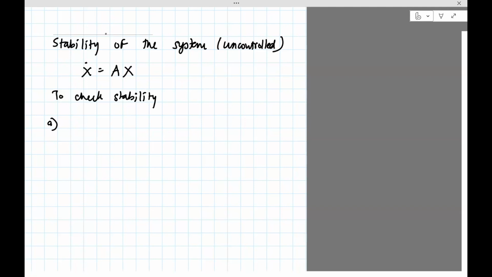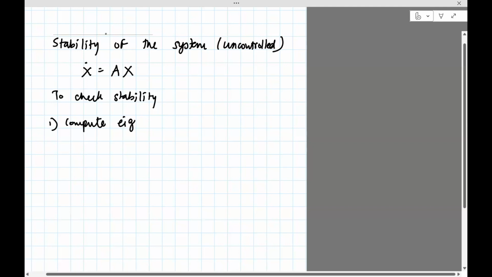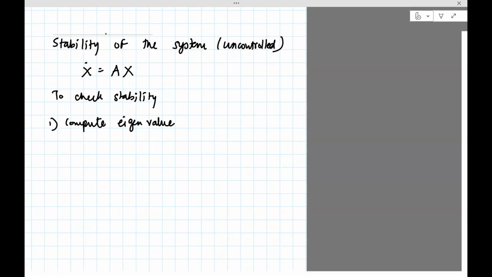So to check stability, do the following. First, compute the eigenvalues of A. And the way this is done is you take the determinant of A minus lambda I equals 0 and solve for lambda.